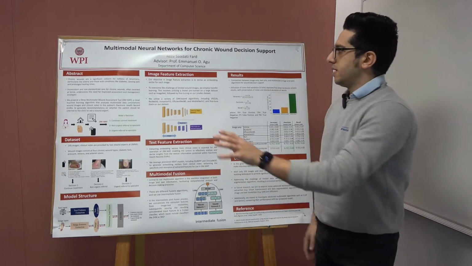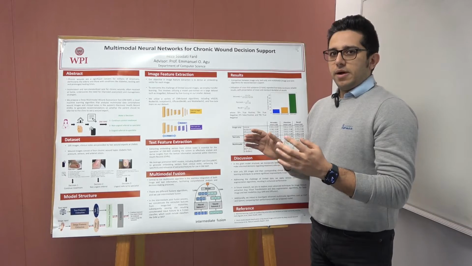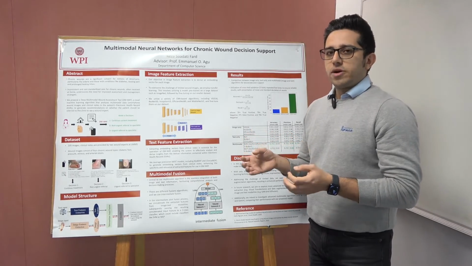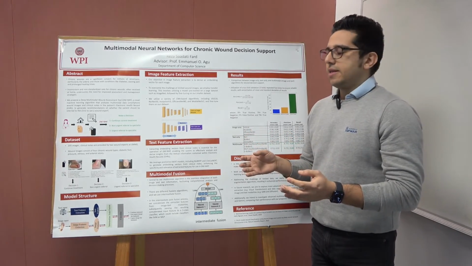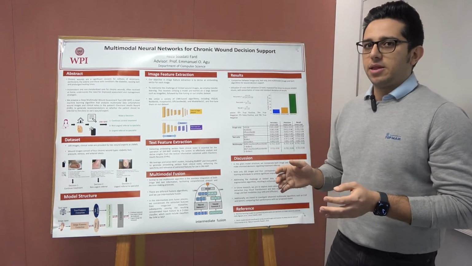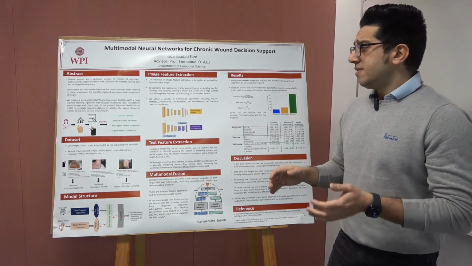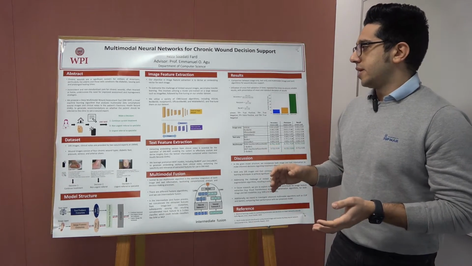The first component is the image component. We need a neural network for extracting features from images. And as I mentioned, we have only 200 images, which is a little small for training a deep neural network. To deal with this problem, we use transfer learning.